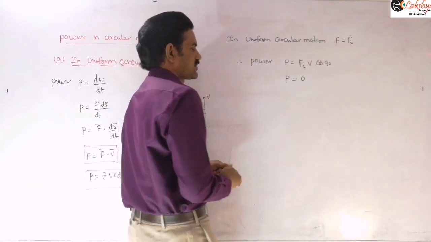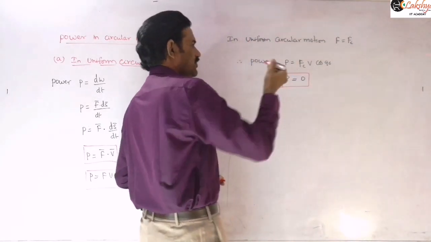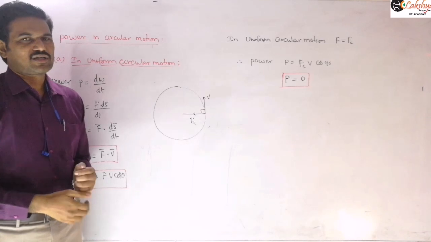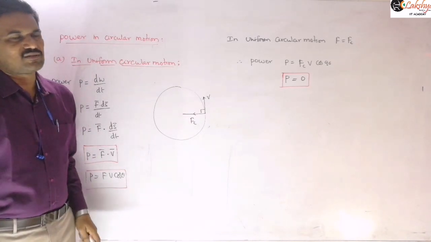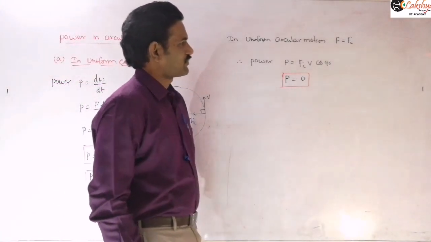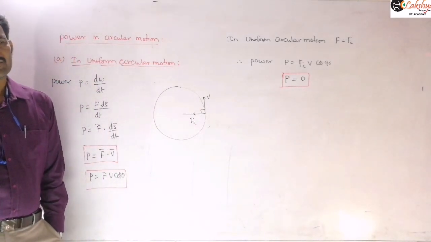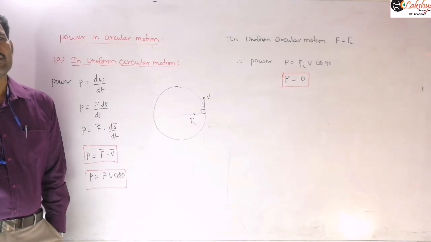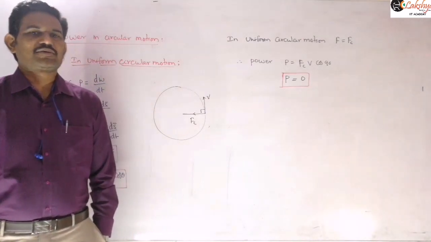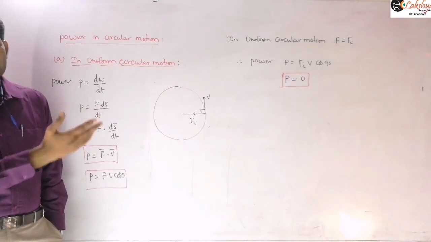Therefore, what we can conclude is that the power delivered to the particle in uniform circular motion is 0, or the power delivered by the centripetal force is 0. That is, we are writing another statement in another way: the power delivered by the centripetal force is always zero, because the centripetal force is always perpendicular to the velocity, right?